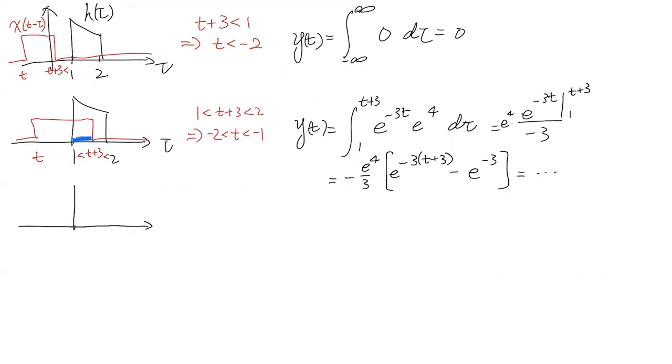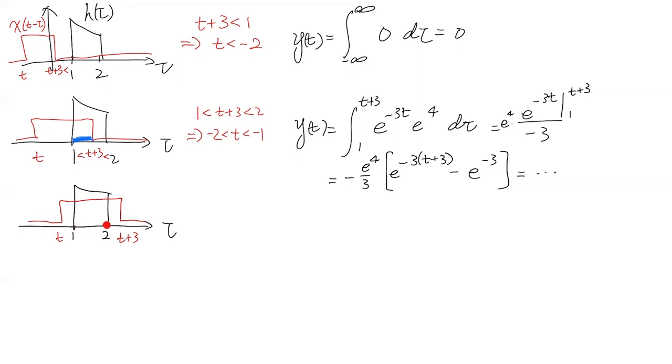As you move the red interval to the right, all of a sudden your whole red interval is covering this black interval completely, right? This black interval is here, 1 and 2. So for this case, the constraint is that t must be on the left-hand side of 1, right?